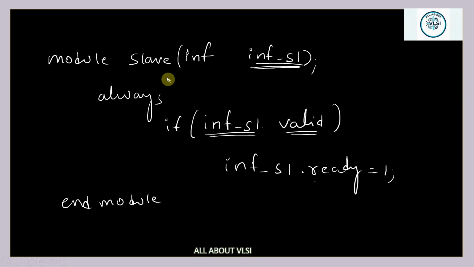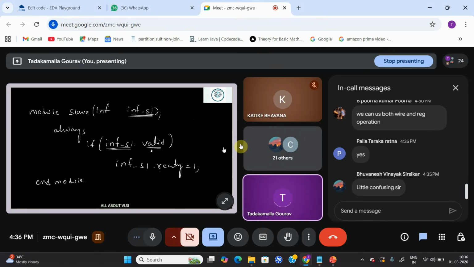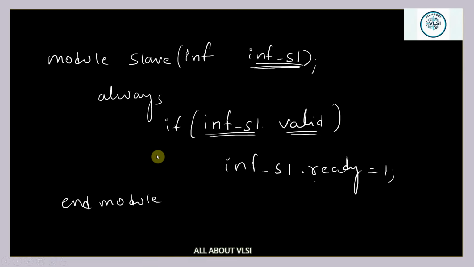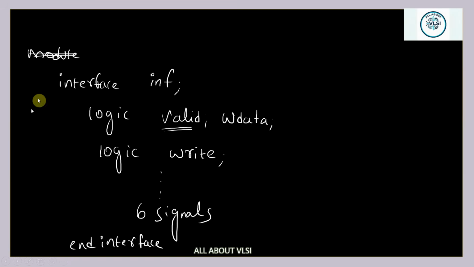Inside your slave module, or whatever module you want to use, there also in the arguments just use the interface name followed by the handle name. Using the handle name only, access the signals which you have. I'm going step by step again. Step one is to declare all the signals you want to have inside your project inside your interface.